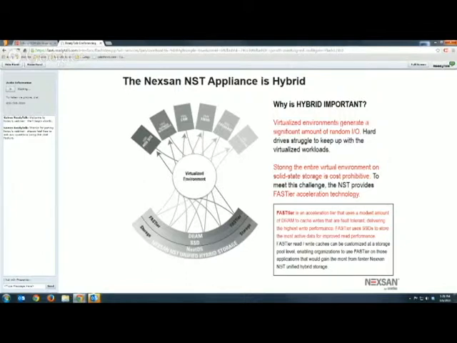If you're familiar with hard drive technology, they do have limitations. The nearline SAS has a limitation of under 100 random IOPS. The SAS drives, a limitation of about 175 random IOPS. And then you get into SSD, and SSD becomes really fast for random IOPS, not much better for sequential, but better.